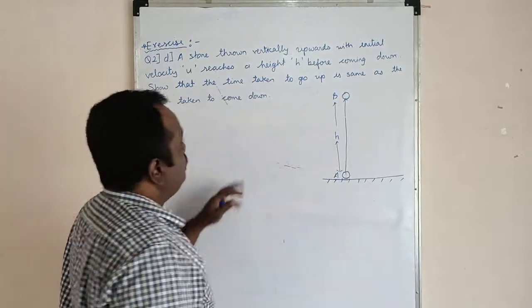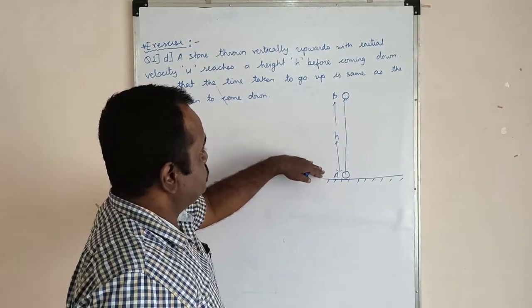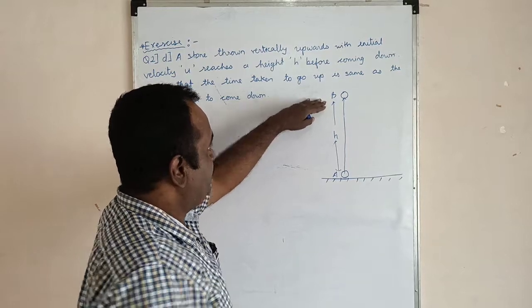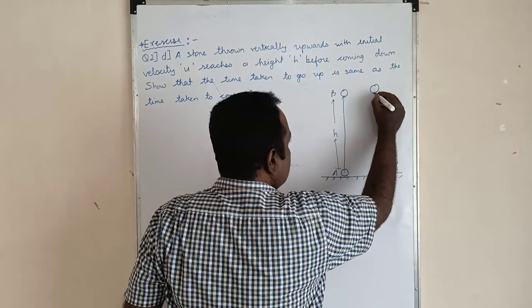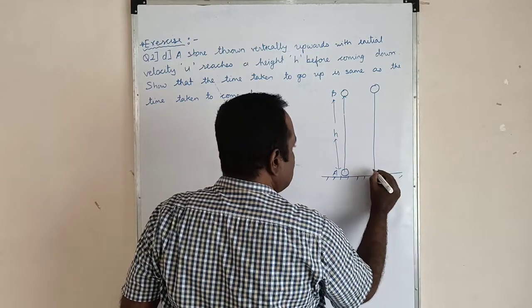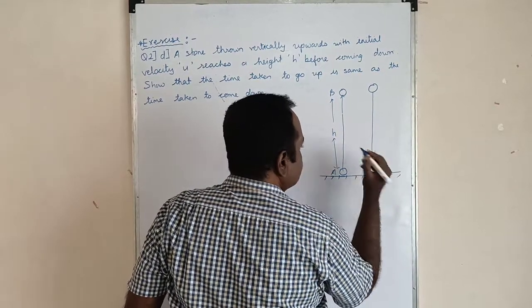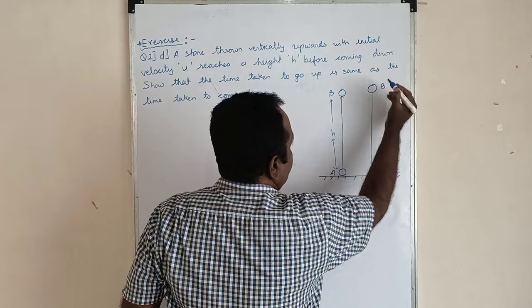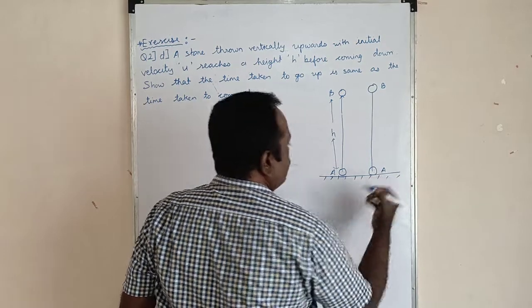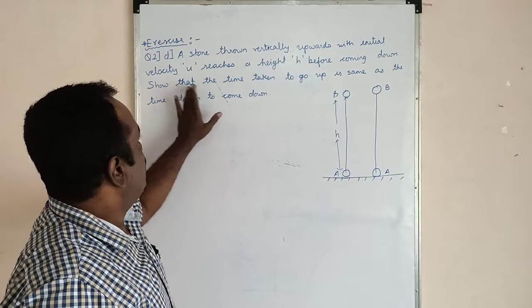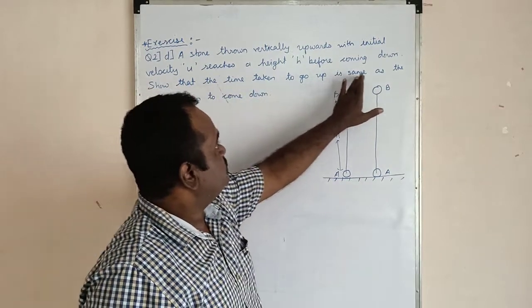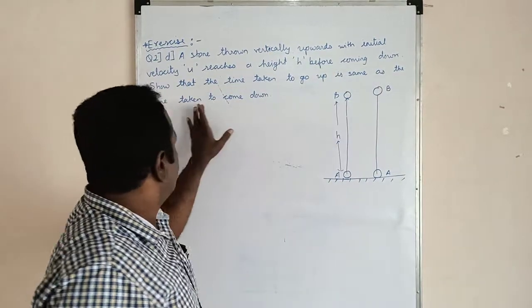what is the time taken by it to go from A to B, and again from B it comes down to A, from where I have thrown? Show that the time taken to go up is the same as the time taken to come down.